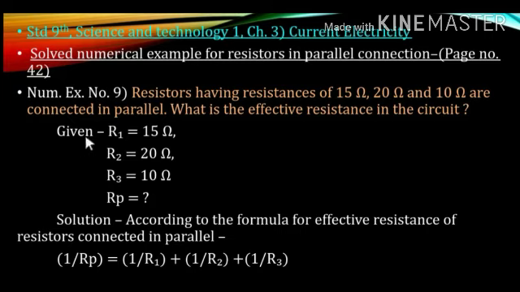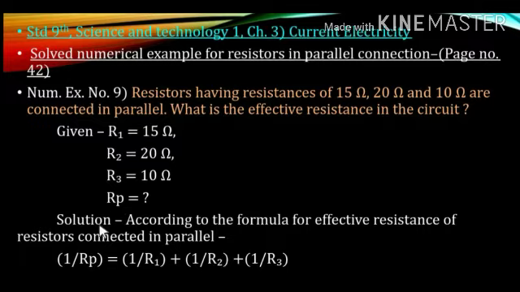Here the given data is R1, that is first resistance is of 15 ohm, R2 second resistance is of 20 ohm, R3 third resistance of 10 ohm, and we are interested to calculate the effective resistance of all these three resistances when connected in parallel.